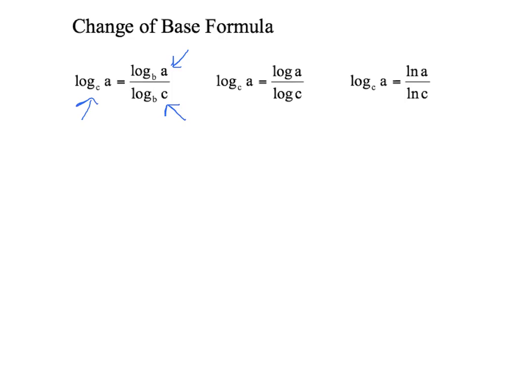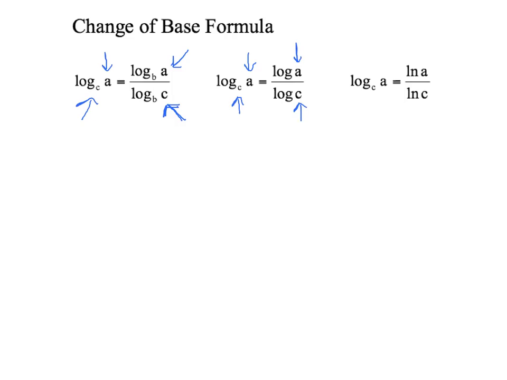Notice in the numerator, the a is what was inside the original logarithm, and the c is the old base of the logarithm. And so I could say log base c of a could be written as the common log of a over the common log of c.